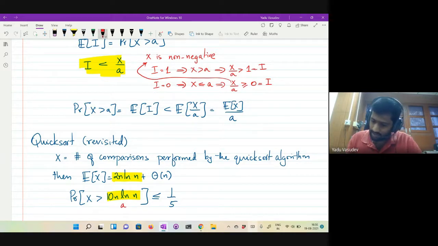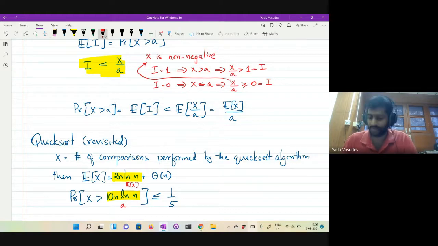Let's forget about the theta n for now. If you just directly apply Markov's here, it tells you that the probability that x is greater than 10 n ln n is less than 1 over 5. Which is not bad but not very good, because 1 over 5 is not good enough. Typically we want much stronger bounds. When we want to bound error probabilities, we want really small error probabilities, not constant.